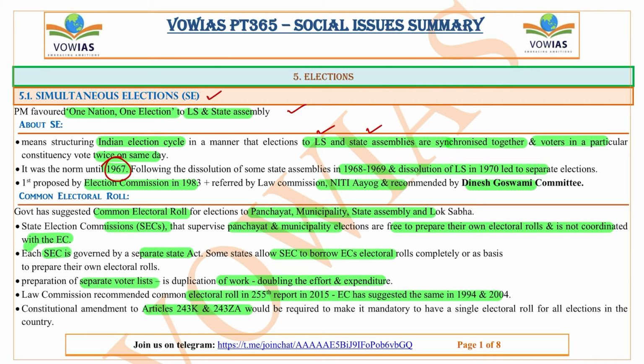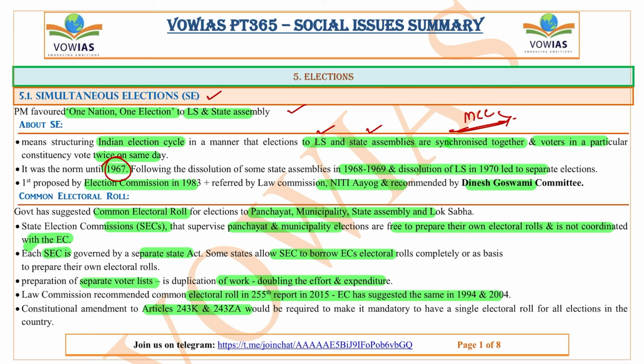Because of this, governance is getting hampered, because normally during the elections we have the model code of conduct, and during this model code of conduct the government has to take a lot of steps. That means no new schemes can be implemented, and there are a lot of restrictions on the government, so that the government doesn't use its power to get more votes.